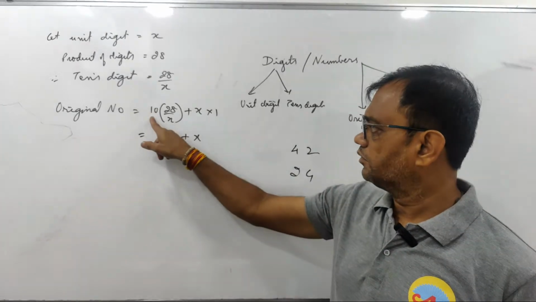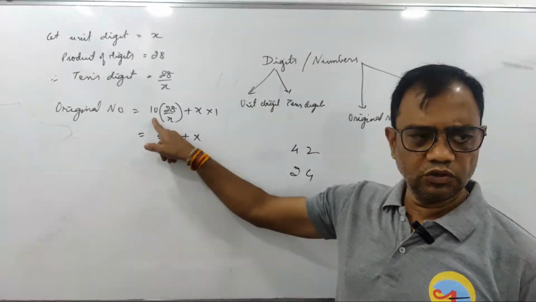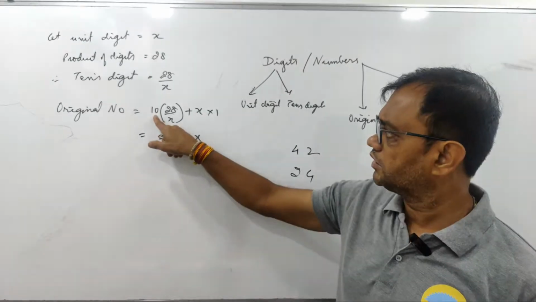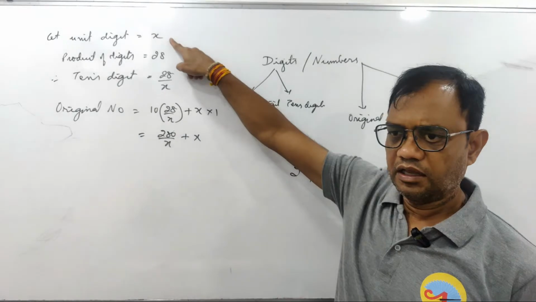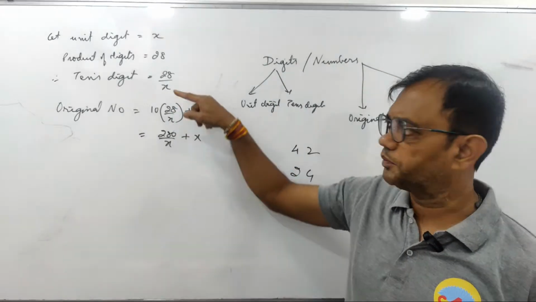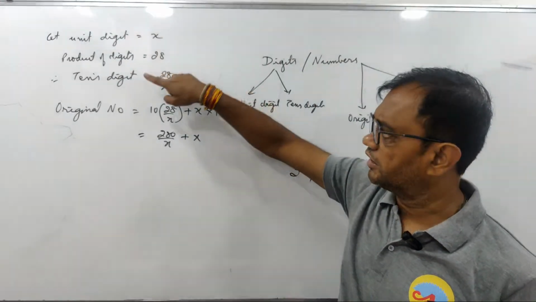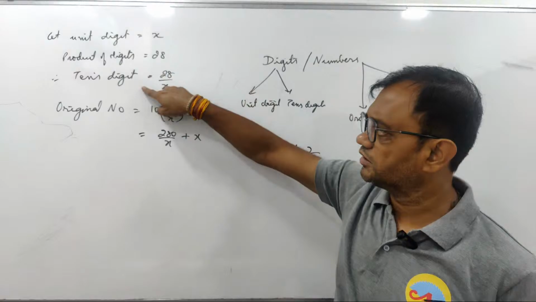Here we have multiplied this 28 upon x with 10. If you want to find the new number, you are going to multiply 10 with x and add this 28 upon x. Because when the digits get reversed, the unit digit will behave as the tens digit and the tens digit will behave as the unit digit.